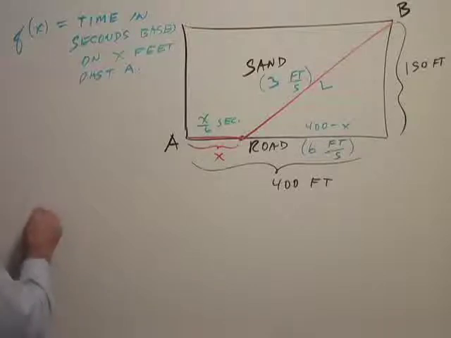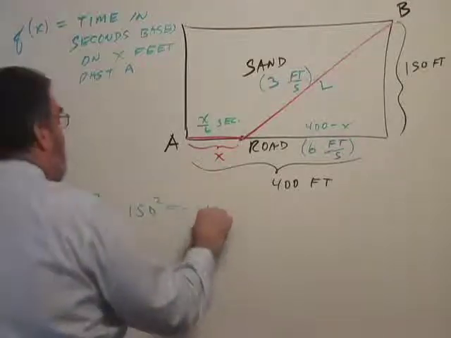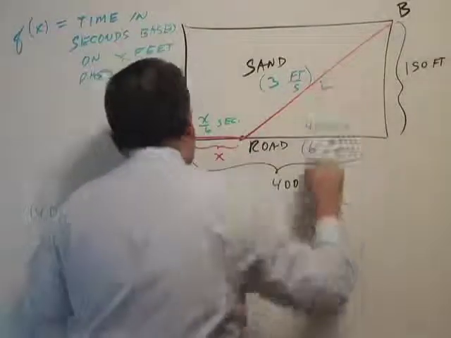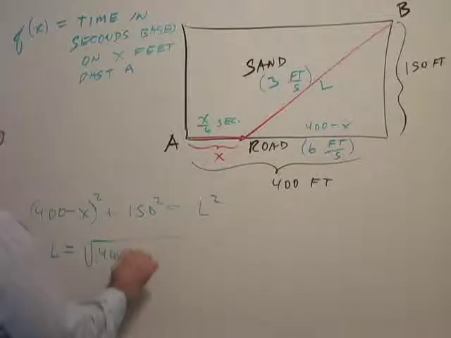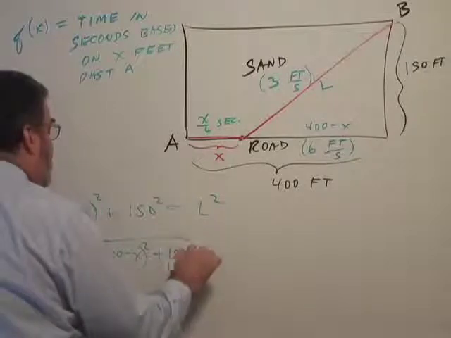So the base squared plus the height squared is the length squared. So the length of this diagonal would be the square root of 400 minus x, quantity squared, plus 150 squared.